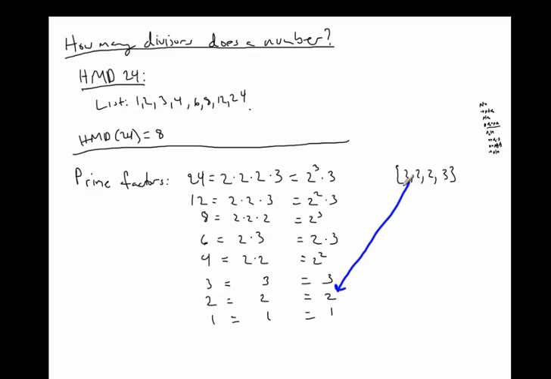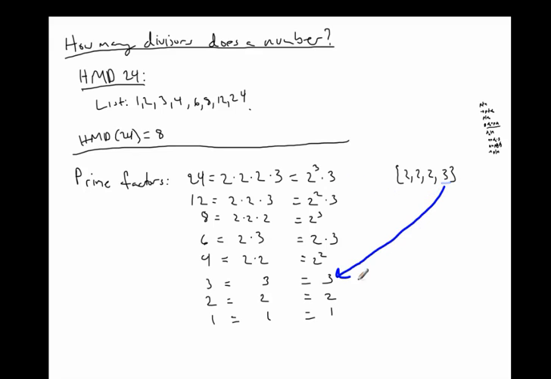If I had 2 2's, that would be 2 squared, which is 4. If I had 3 2's, that's 2 cubed, which is 8. If I had a 2 and a 3, that gives me 6, which is right there. If I had 2 2's and a 3, that is 12, and 3 2's and a 3 is 24, the number itself. The last one is just 3 all by itself, the only one I missed, right there.